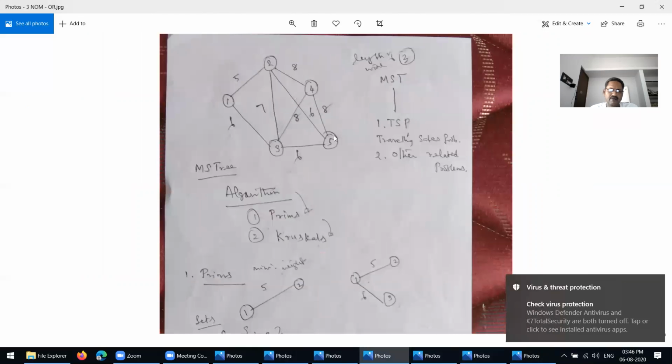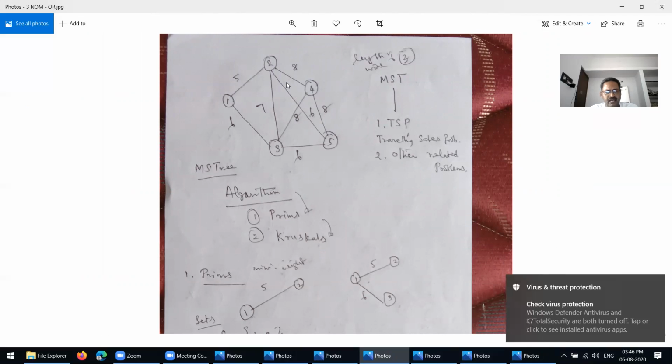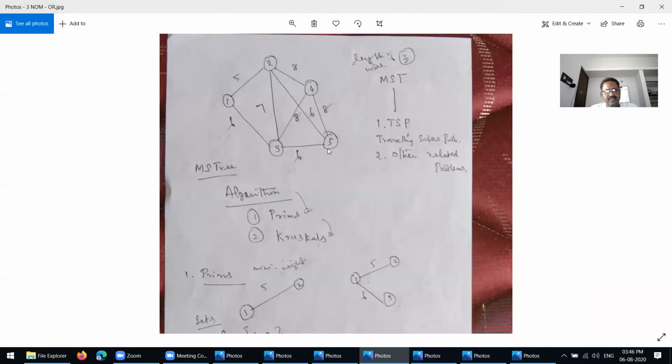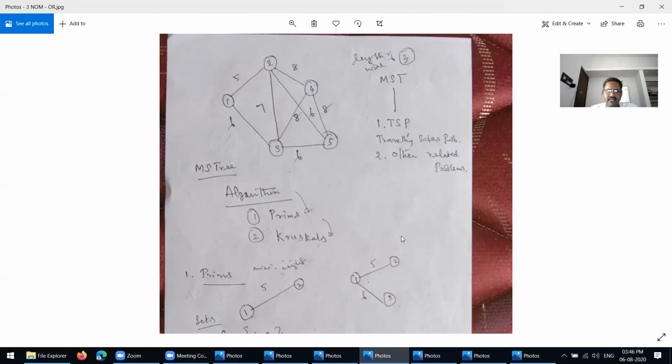See here now, from this we have to find 1 to 2 having 5. Then 1 to 3 having 6. And then 2 to 5 also having 6. Then 3 to 5 also having 6. And then 2 to 3 having 7. Then 2 to 4, 3 to 4, and 4 to 5 also having 8.